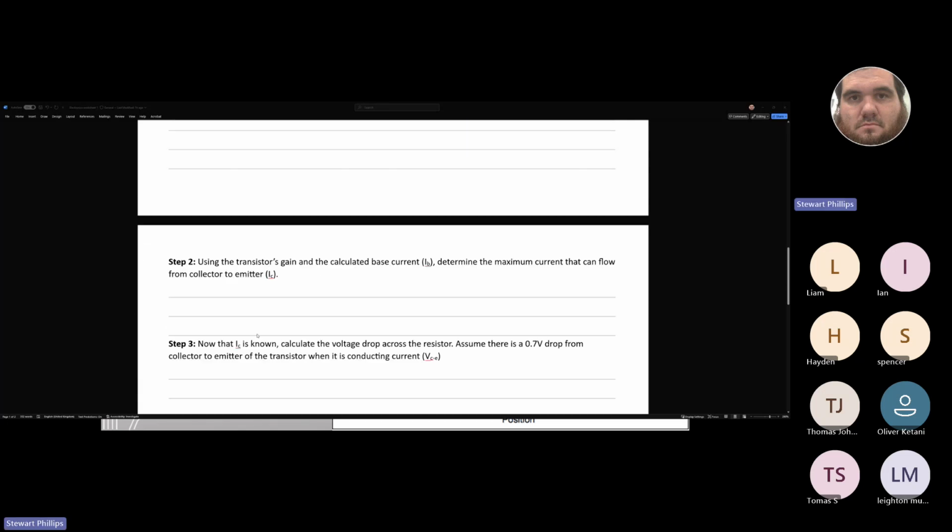Now, step 3. Now that we know IC, calculate the voltage drop across the resistor. Assume there is a 0.7 volt drop from the collector to emitter of the transistor when it is conducting current, VCE.